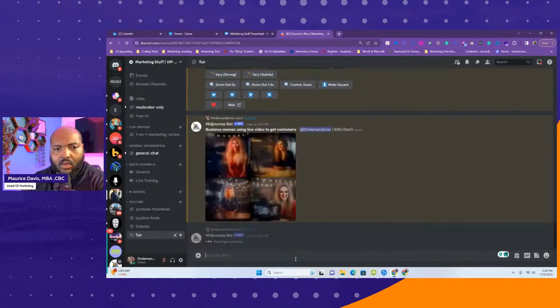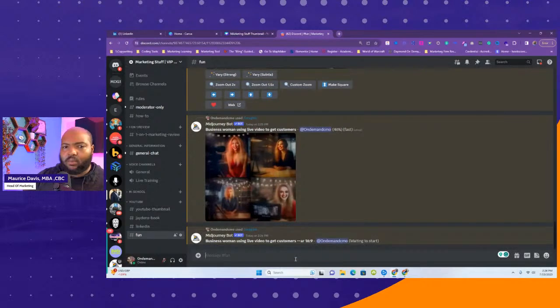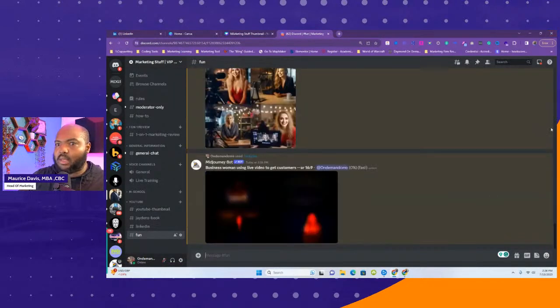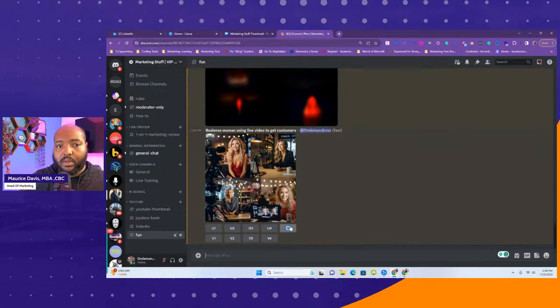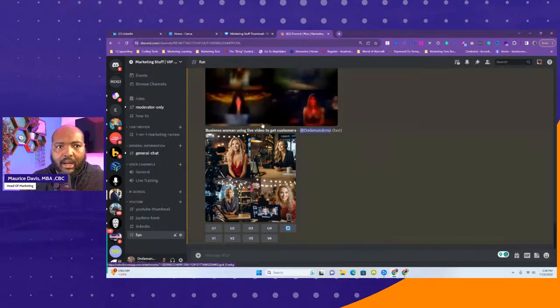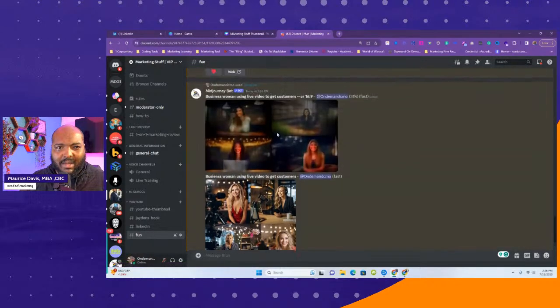I can use one of these, but again, we want to eliminate the need to do any extra work. These are solid, but if we can get them 16 by 9, then we know they're going to be easy to plug into the framework that we're already using. If I don't like what I got, I might take one of these and mess with it. But if I don't have to, then I won't.